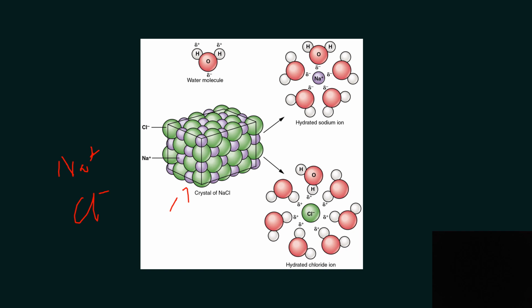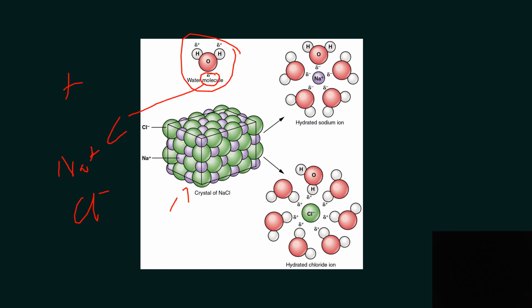Also for the water, because they have different electronegativity for each atom, as you can see here, the oxygen has a higher electronegativity, so it tends to attract more electrons, while the hydrogen attracts less. Therefore, because it's polar, it will look for the plus ion from the sodium.